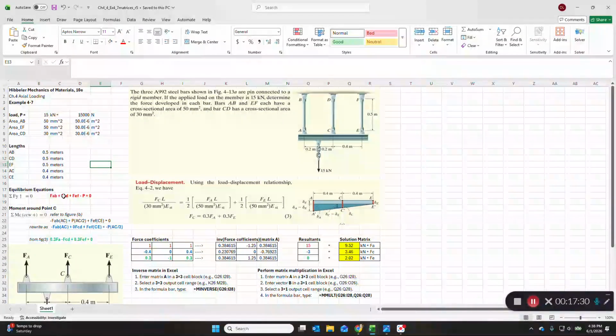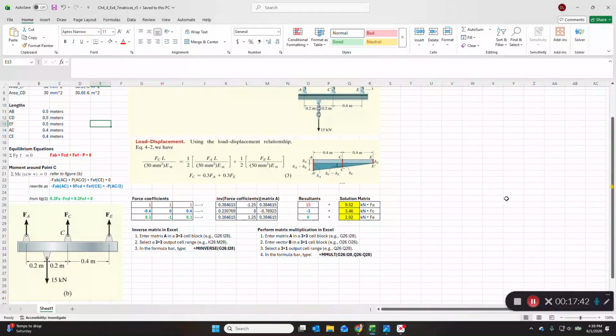And then we use our equilibrium equation. So the sum of the forces in the y direction, we have FAB plus FCD plus FEF minus P equals 0. If you want to see that in detail, that's down here. So that's one equation in red, and that's important. And that's just the equilibrium equation for the summation of forces in the y direction.